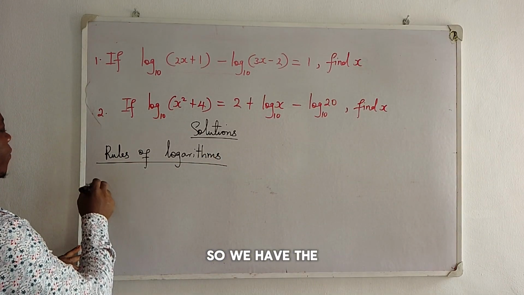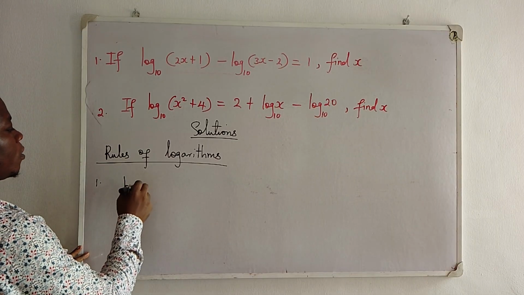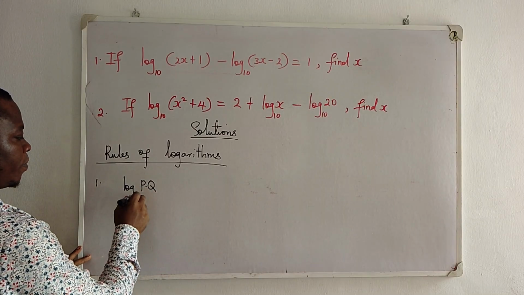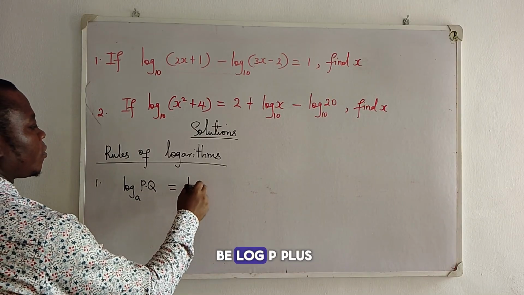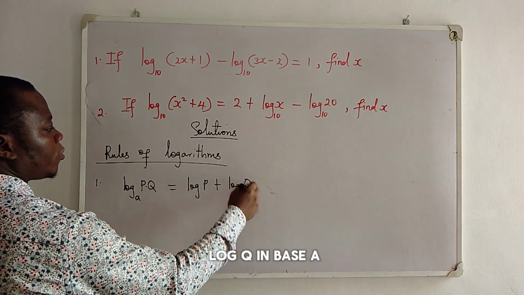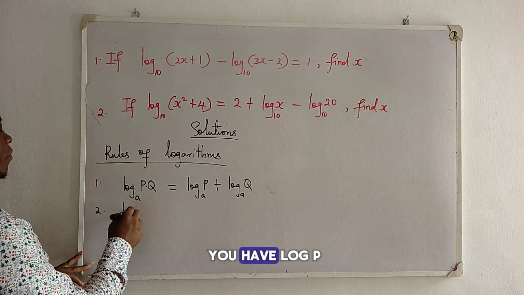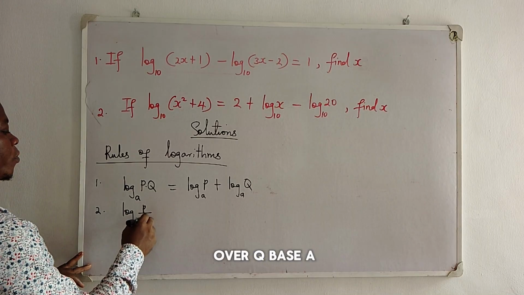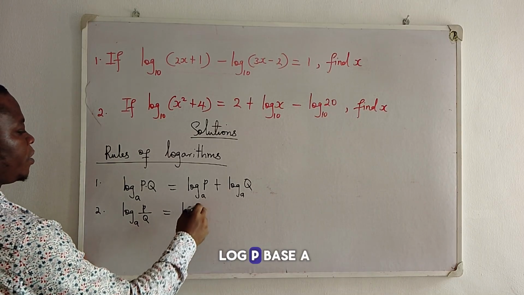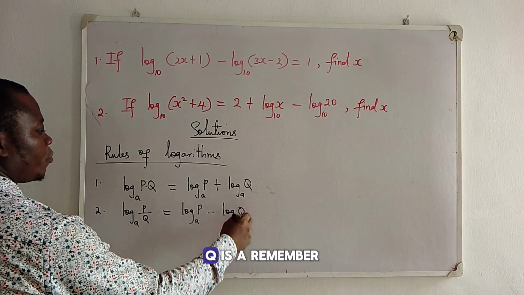So we have the first one. If you have log of p times q in base a, it will be log p plus log q in base a. Number two, if you have log p over q in base a, it will give us log p base a minus log q base a.